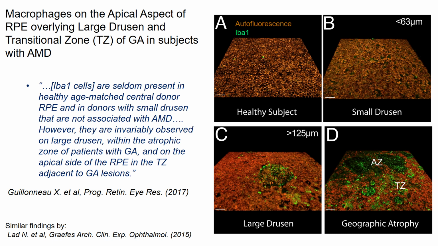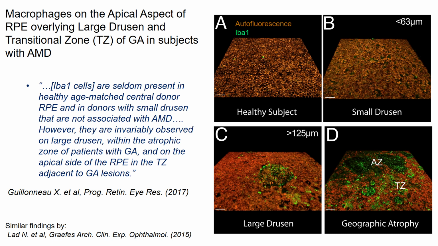One can see from these images that a healthy subject does not contain IBA1 positive cells in any significant number. And similarly, one can appreciate the same situation with small drusen.